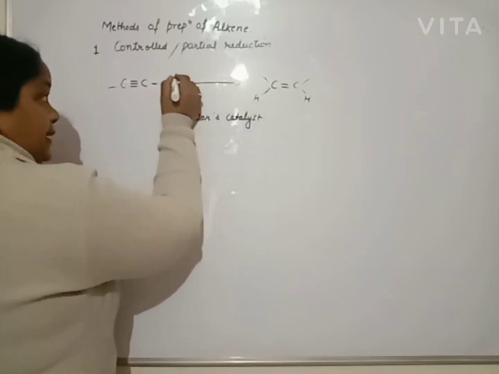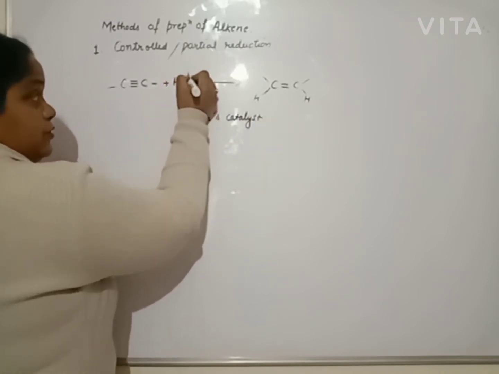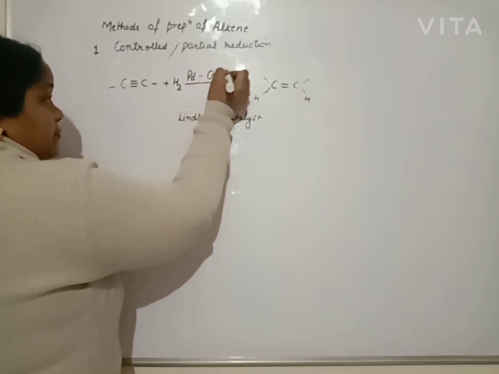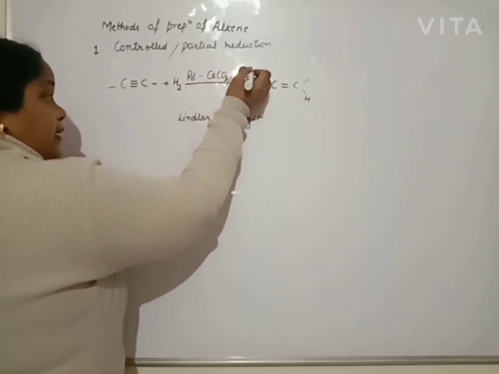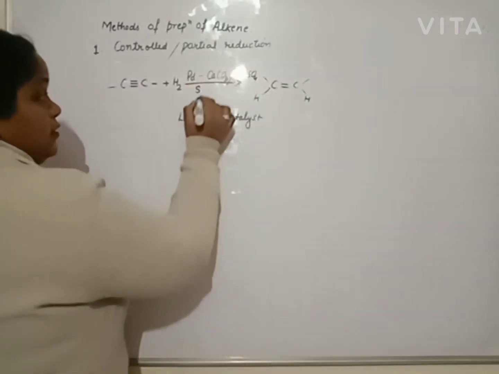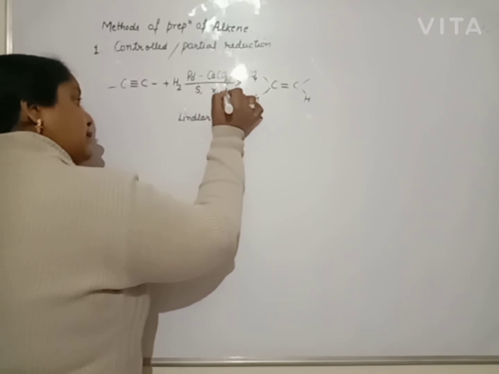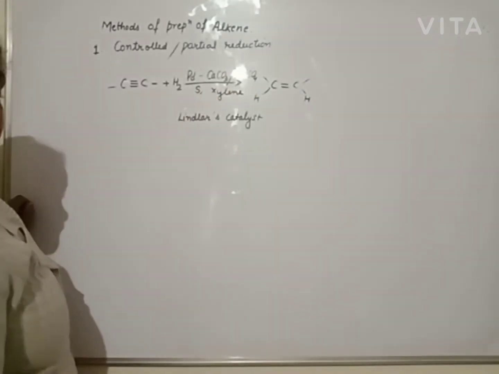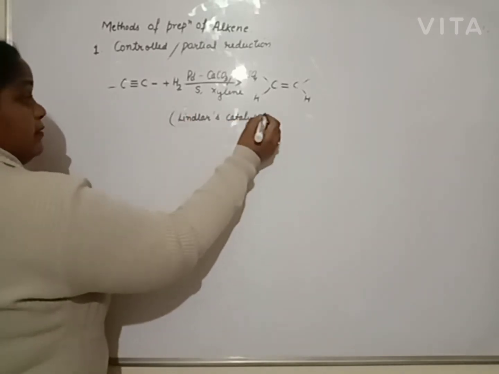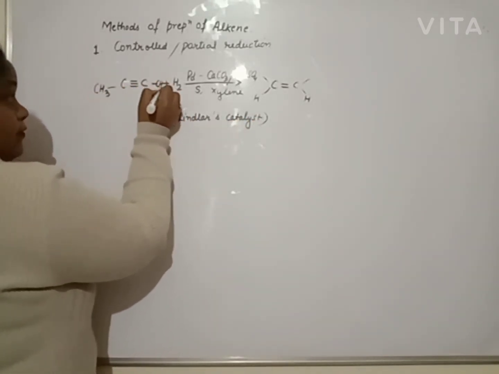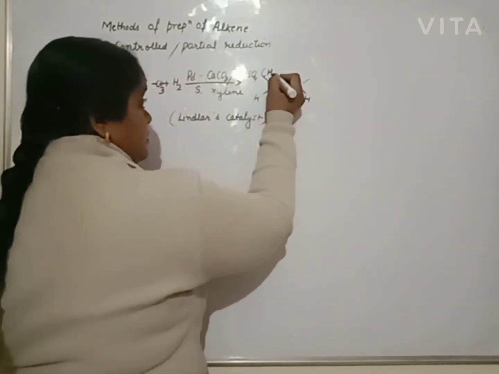For this we will pass hydrogen in presence of palladium catalyzed by calcium carbonate or barium sulfate, poisoned by sulfur dissolved in xylene. This is Lindlar's catalyst. Clear? When Lindlar's catalyst is used, beta, we will get cis isomer.